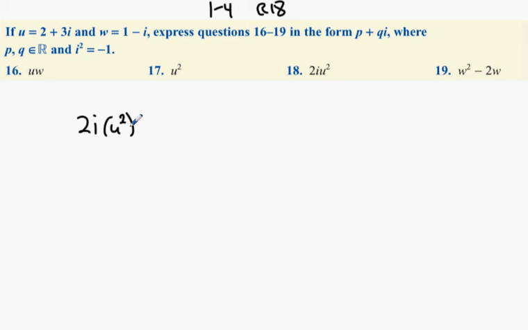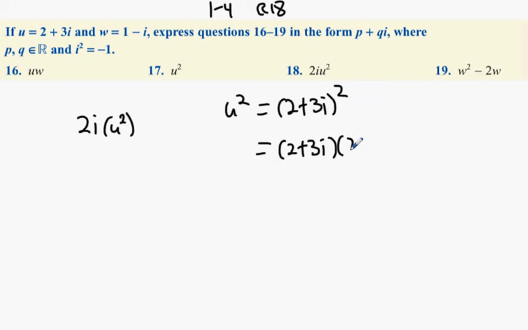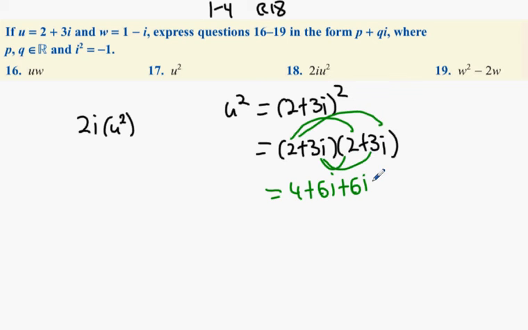U squared is the same thing as 2 plus 3i squared, which is 2 plus 3i multiplied by another 2 plus 3i. You then multiply them out in the usual fashion. You get 4 plus 6i, you get another 6i, and then you get a 9i squared.